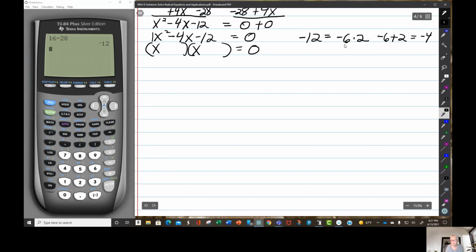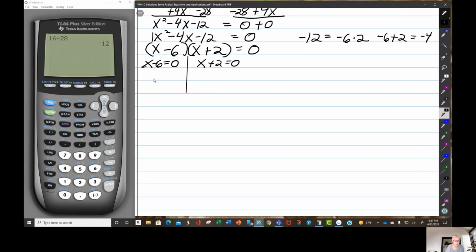Okay, so we're going to use negative 6 and positive 2. x minus 6 equals 0, x plus 2 equals 0.